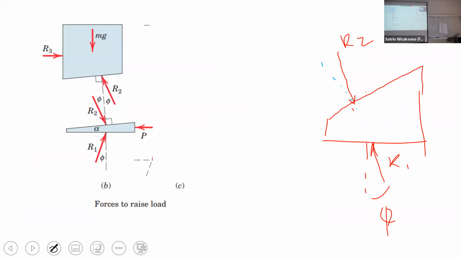Nah, ini adalah kondisi batas self-loathing. Yang biru ini adalah normal tegak lurus terhadap permukaan atas. Oke, kemudian R2 itu adalah resultan antara gaya normal dan gaya gesek dari permukaan atas. R1 adalah resultan dari gaya normal dan gaya gesek dari permukaan bawah.